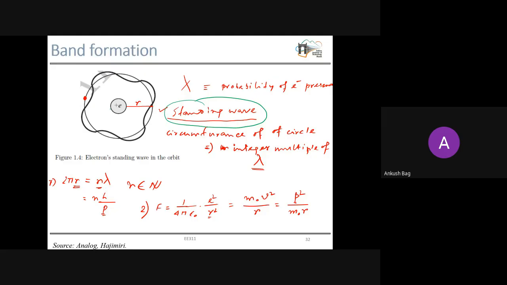This is not a free electron; it is attracted by the nucleus. So this is another thing: when the electrons are bound, you will have negative energy. This is some other concept.